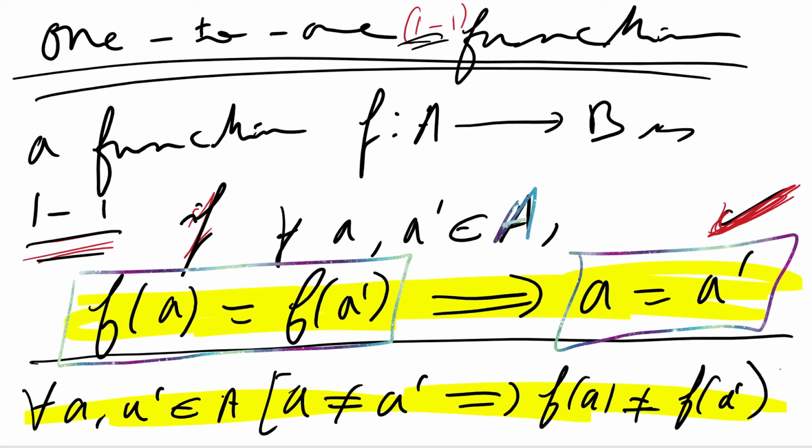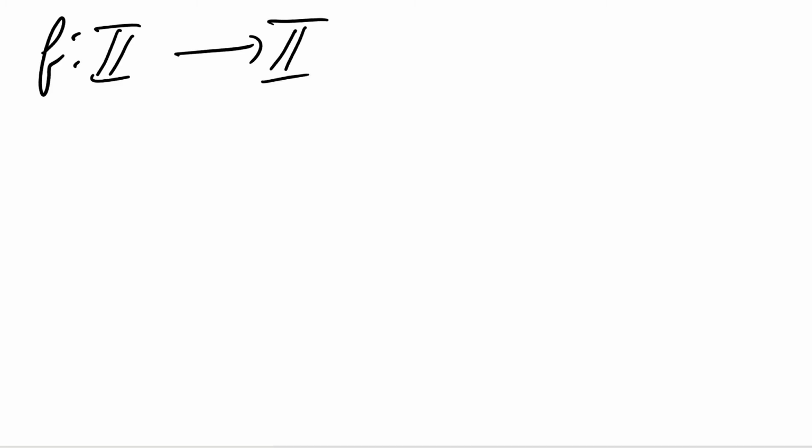So let's just pick one particular example here and show that the function is one-to-one. If I pick, for example, the function f from this set to this, such that to n we associate n plus 3.